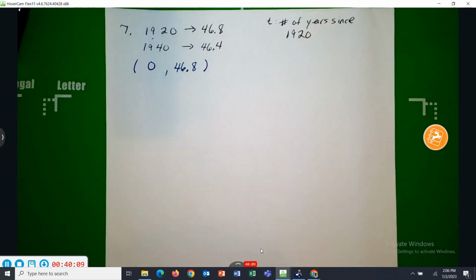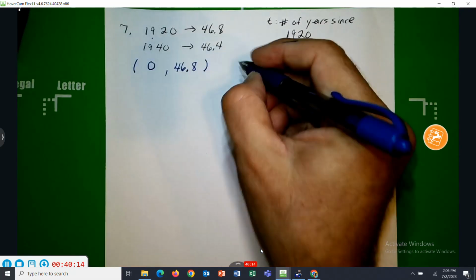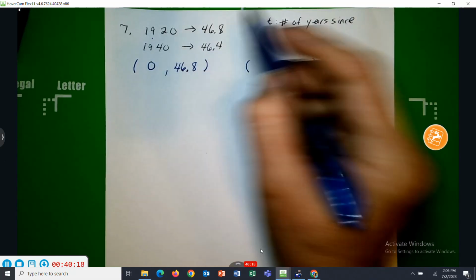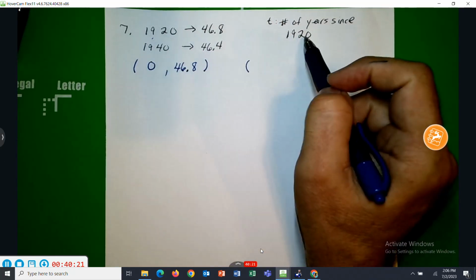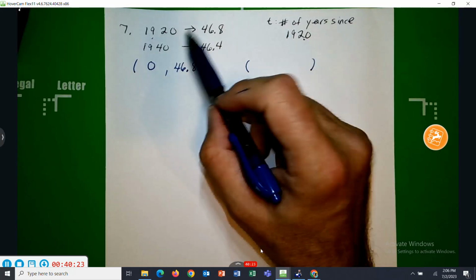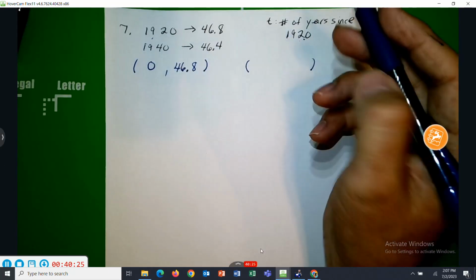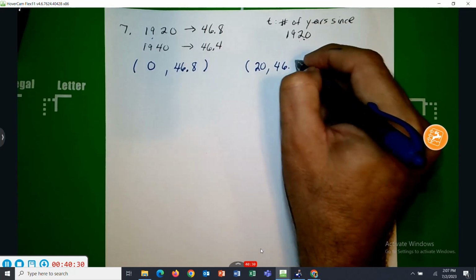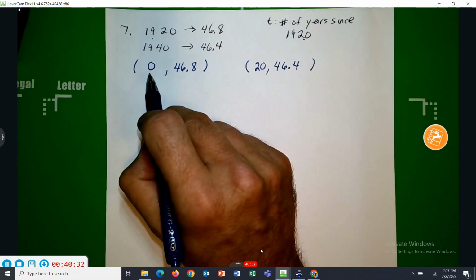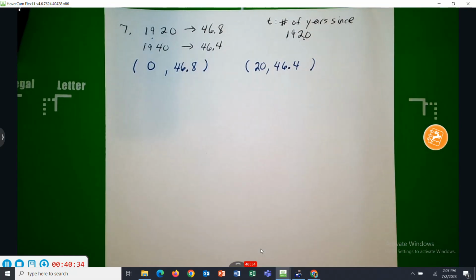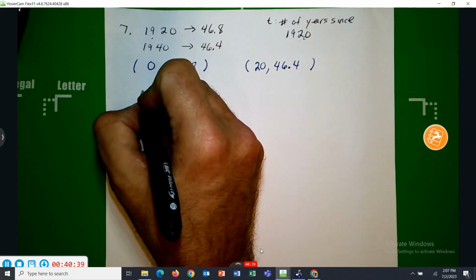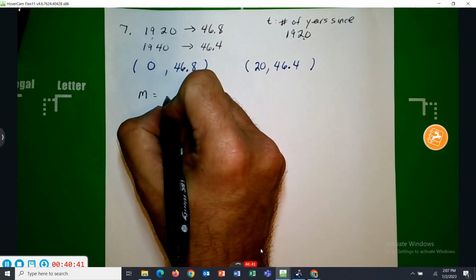Basically, I'm just subtracting 1920 from those years. Notice how we get smaller x values. The second ordered pair, how many years is it between 1920 and 1940? Well, if you subtract those, you get 20. So do y'all see how I'm getting these new t values? Now let's find the slope.